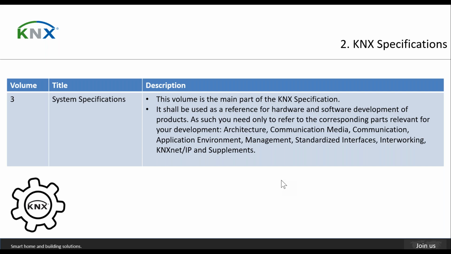So even if they are from different manufacturers, and this is the key of the interoperability in KNX, even data at application level follows KNX specifications. This is the data point types. So this is how KNX devices can understand each other.